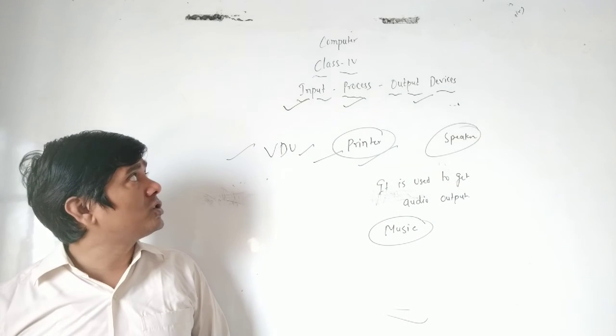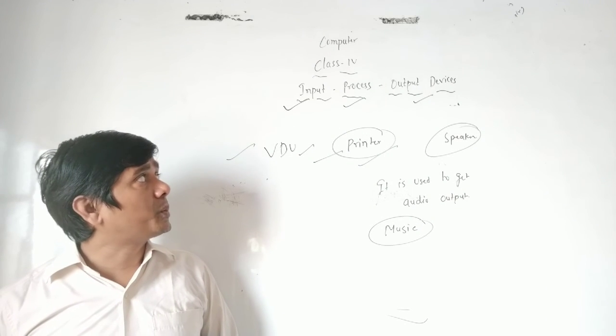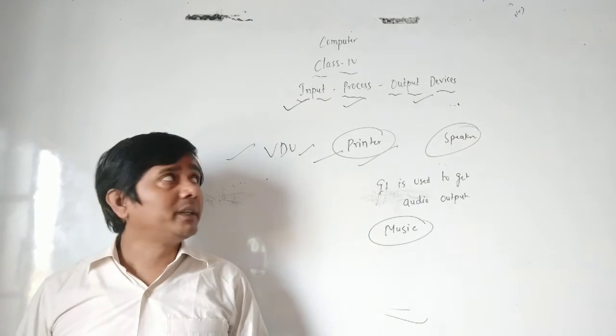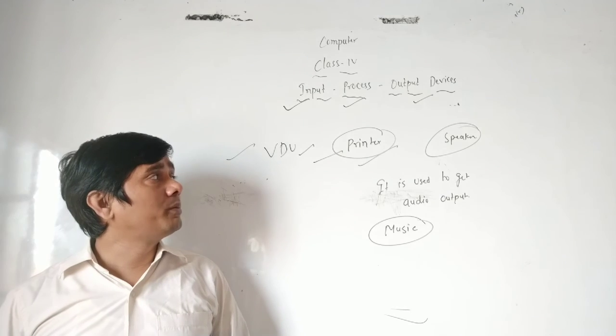So this is your chapter, input, process and output devices. This chapter is completed. Now you have homework.